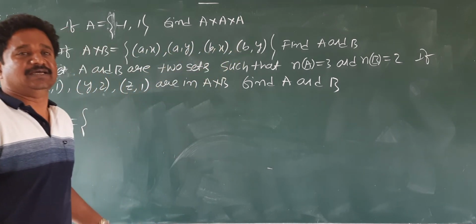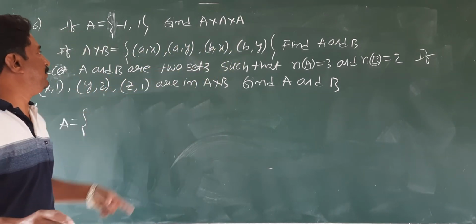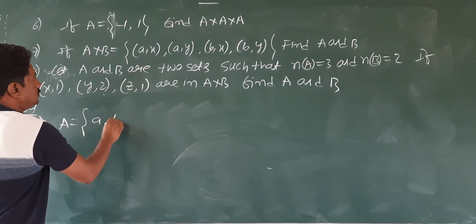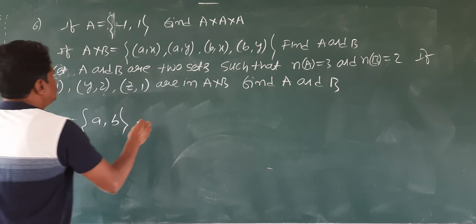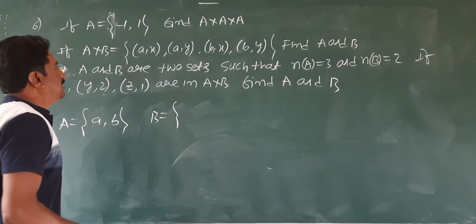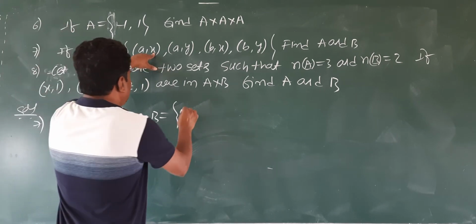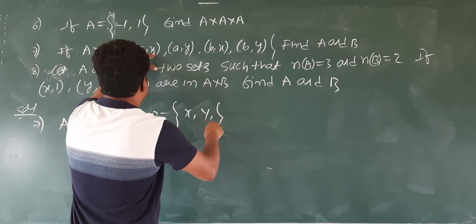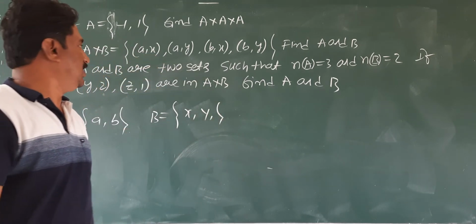For set B, you collect the second entries. Tell me x, so y. That's all. We got the sets A and B.